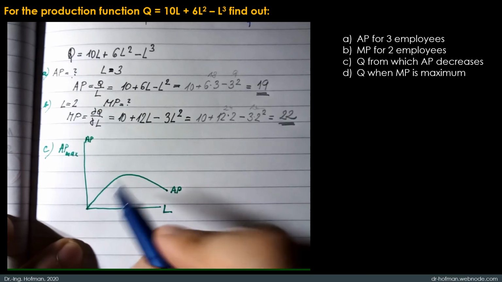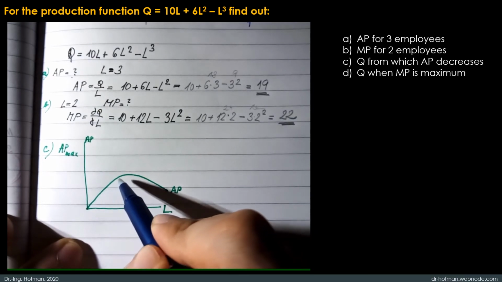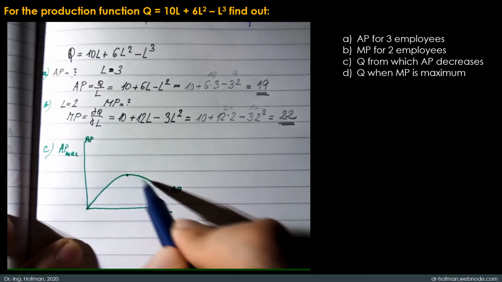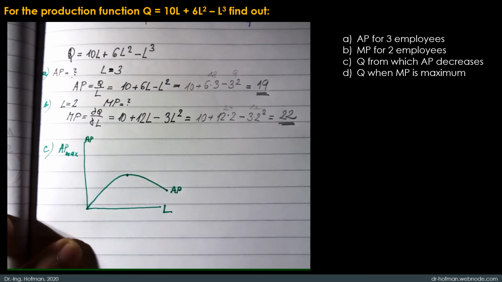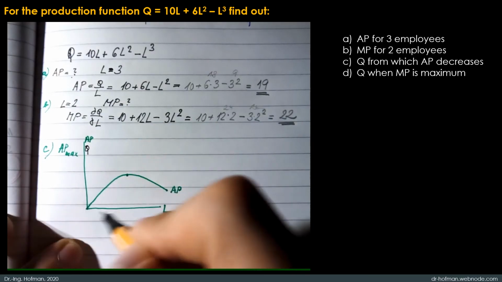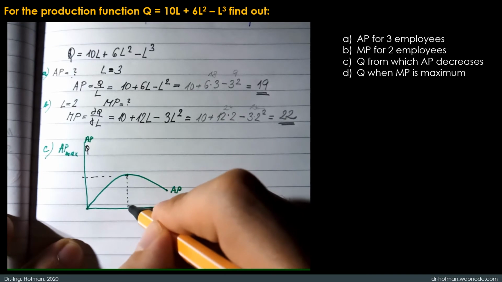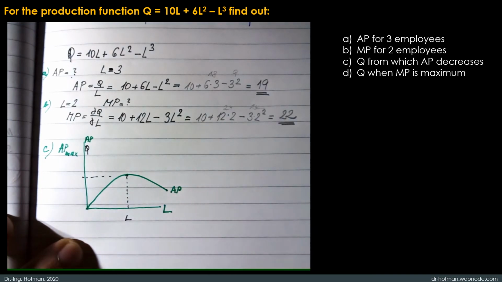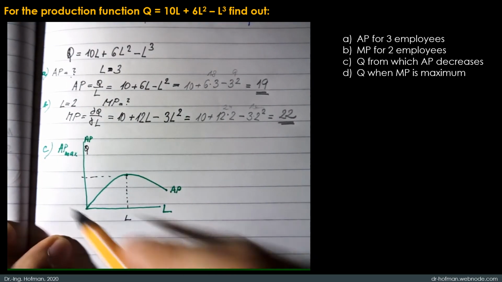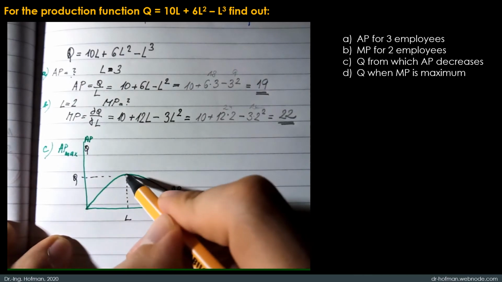On the y-axis is average product, on the x-axis is the amount of labor. So for which Q is AP the maximum, and for which L? We are searching for these 2 coordinates.